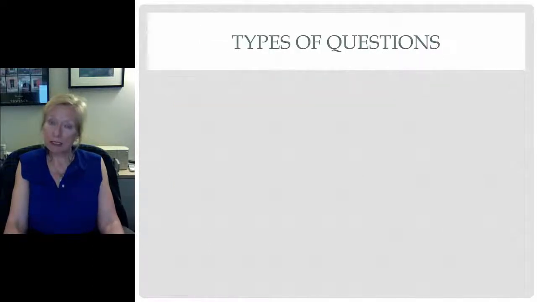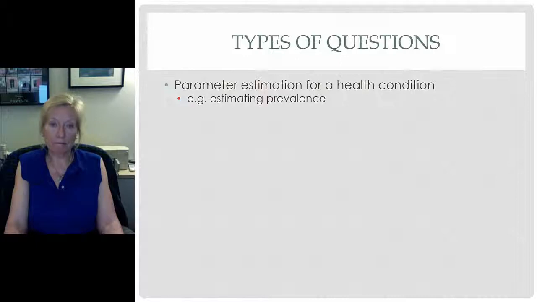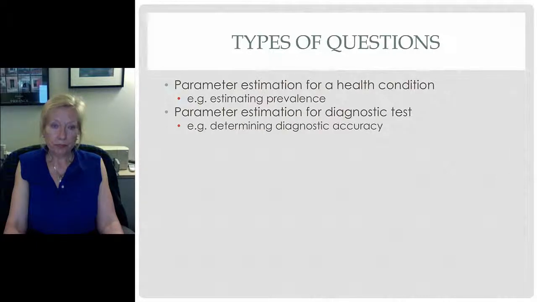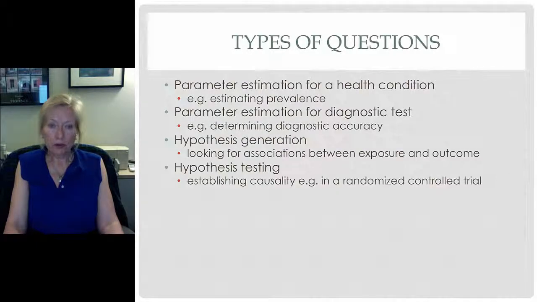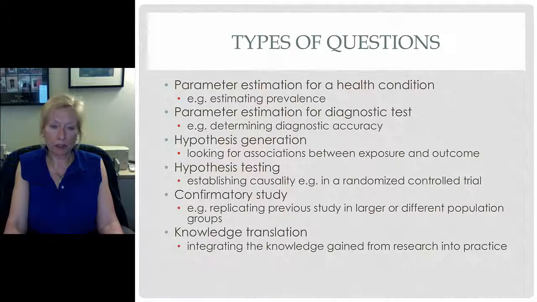So the next topic is types of questions. There are a number of different types of questions that you can look at generating. You can look at estimates of prevalence for a health condition. You can look at determining whether or not a diagnostic test is accurate.